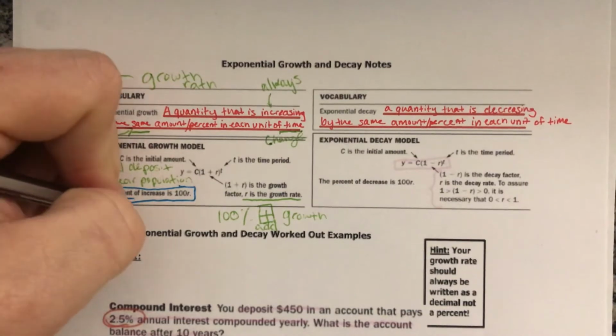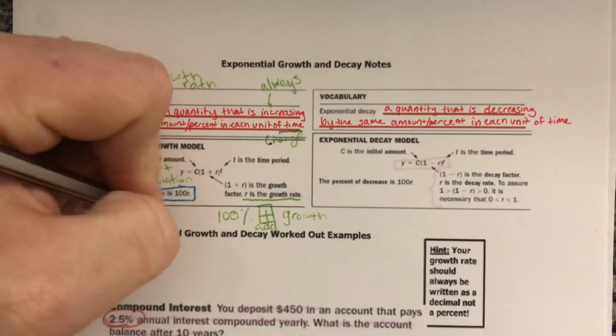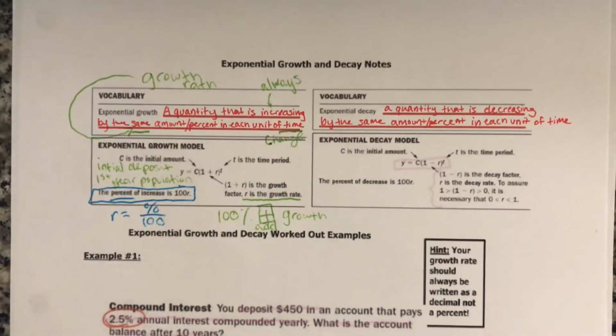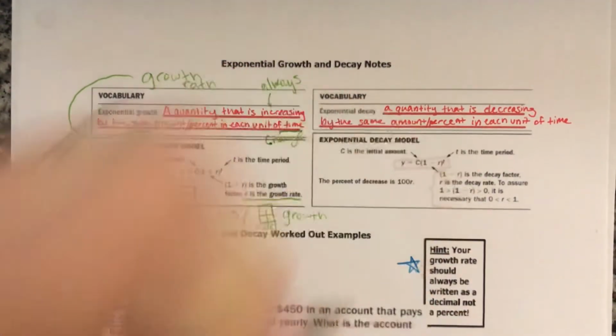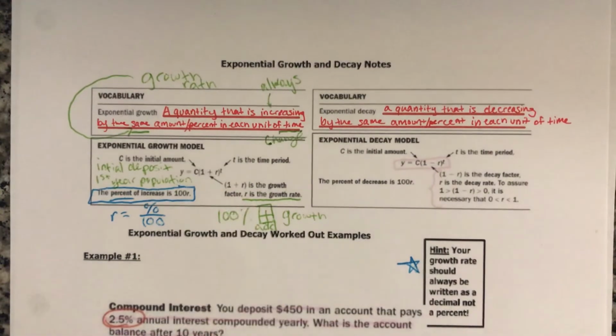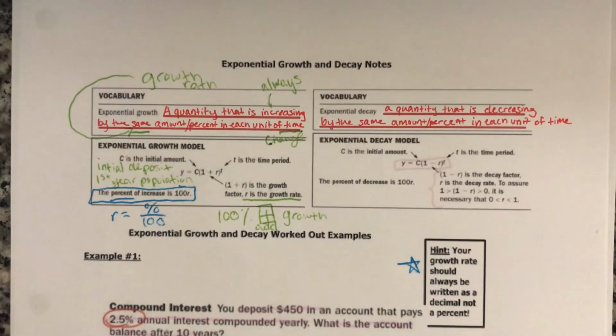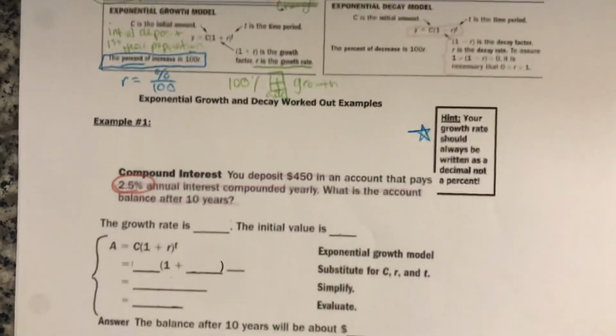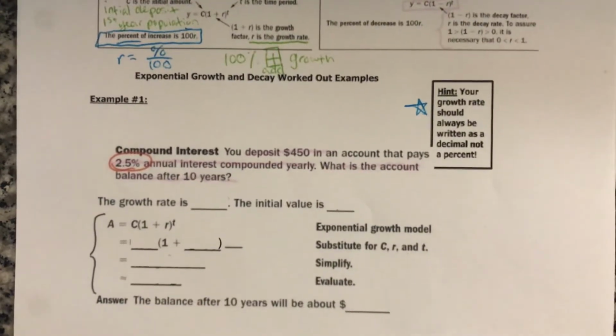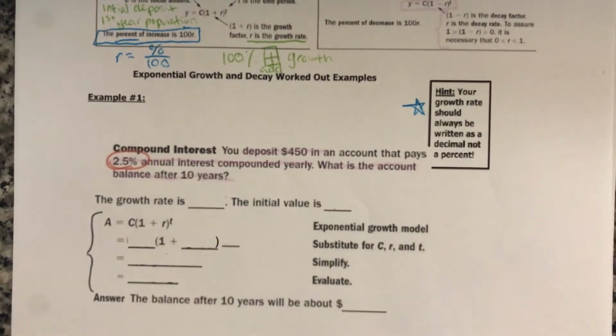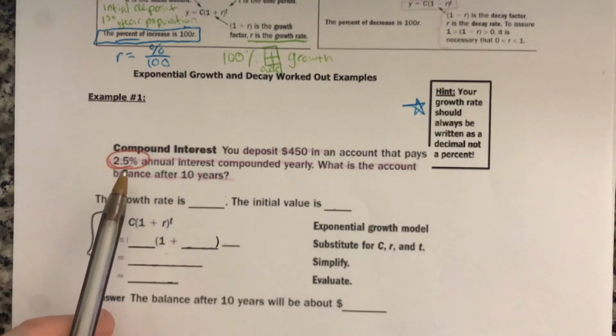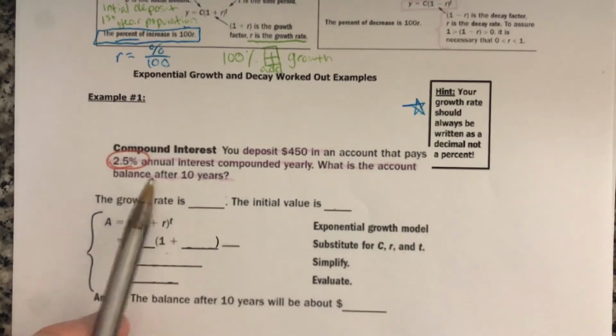So we always want to use a decimal per this hint right here when we're working in our equation. So we never, ever want to keep it as a percent. So if we look back at our question, the compound interest is talking about a 2.5% interest.